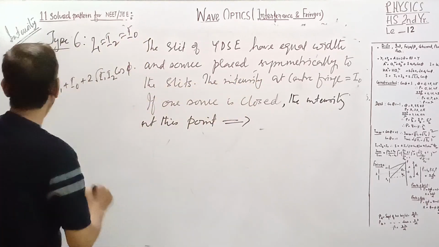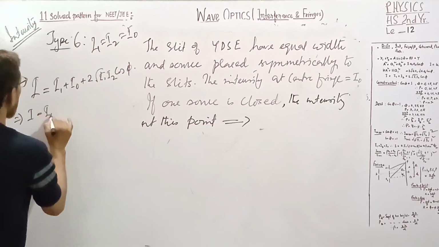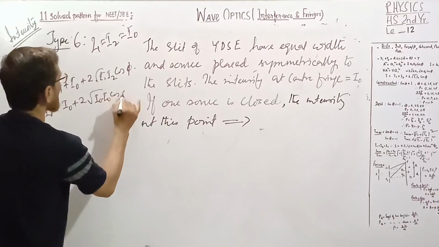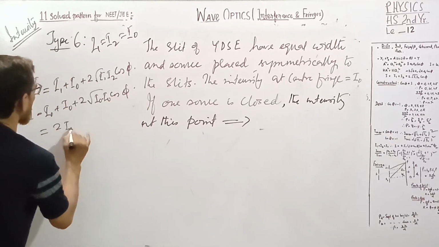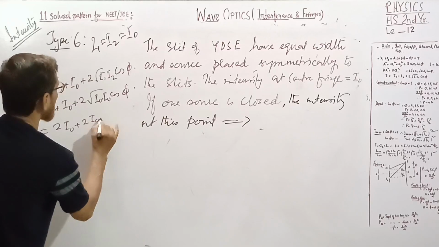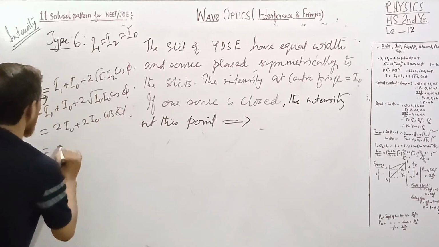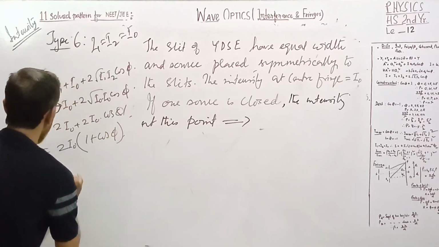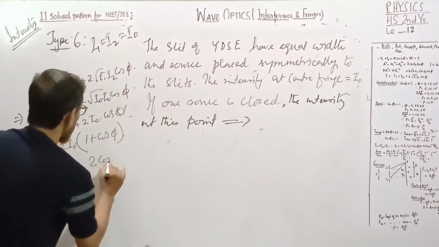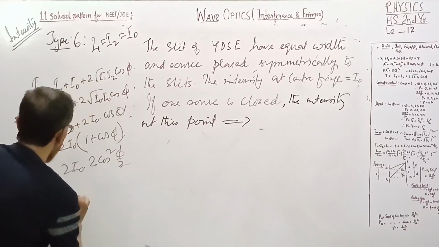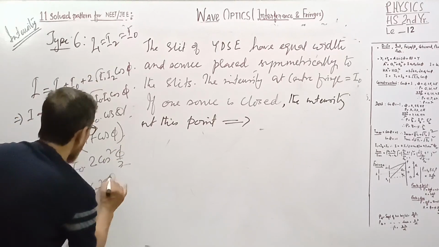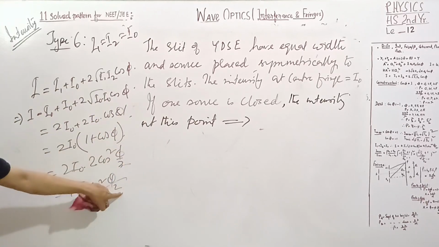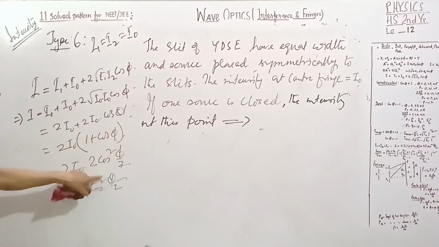So what we get here is I is equal to I naught plus I naught plus twice I naught cos phi, that is twice I naught plus twice I naught cos phi, twice I naught times 1 plus cos phi, equal to twice I naught times twice cos square phi by 2, that is 4 I naught cos square phi by 2, since 1 plus cos theta is equal to twice cos square theta by 2. This is the formula.